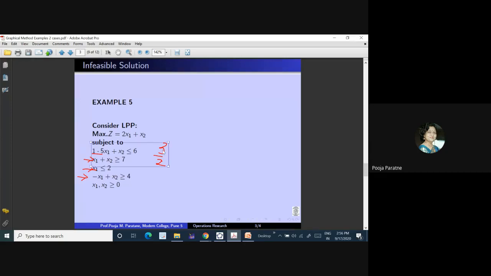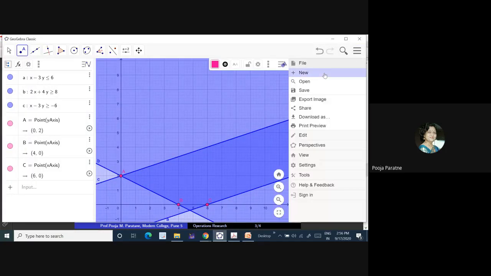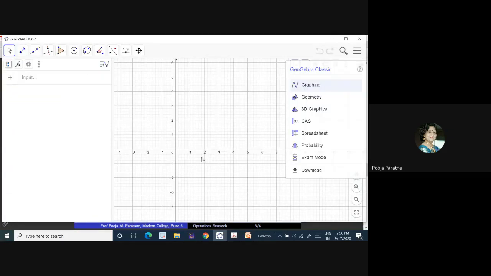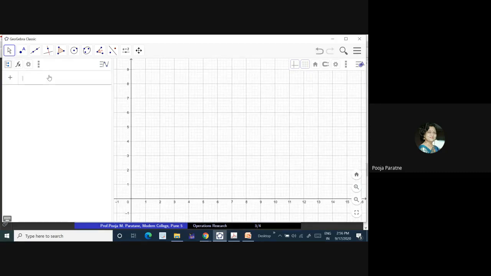Okay, so let us go to the graph. We will consider the new one here. So what was our first constraint? 1.5 x plus y is less than or equal to 6.